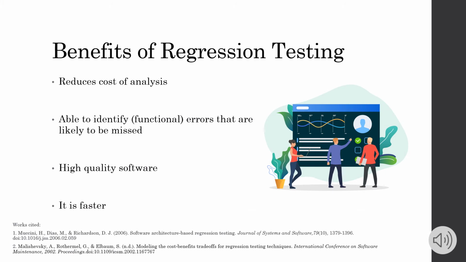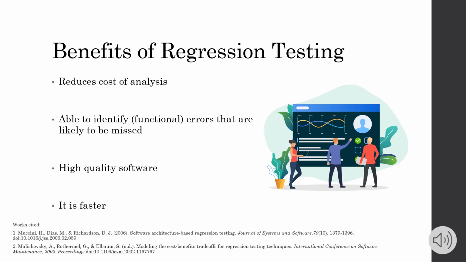So moving on, we're going to talk about the benefits or advantages of regression testing. A few notable ones that we can mention is the fact that it reduces the cost of analysis. This is done as engineers reuse testing suites that they already have.